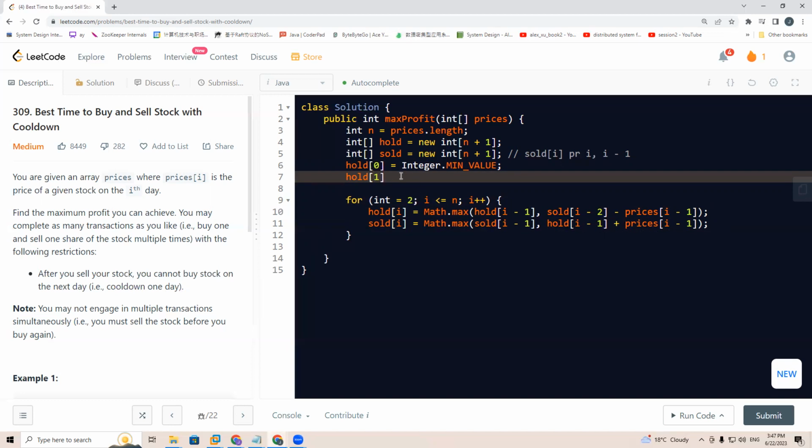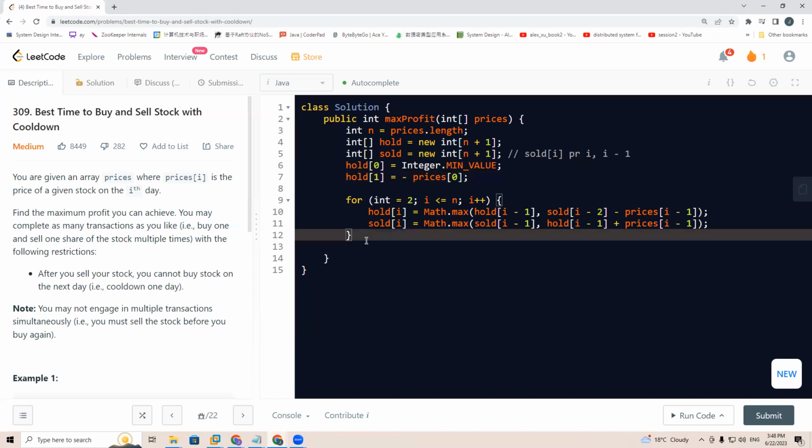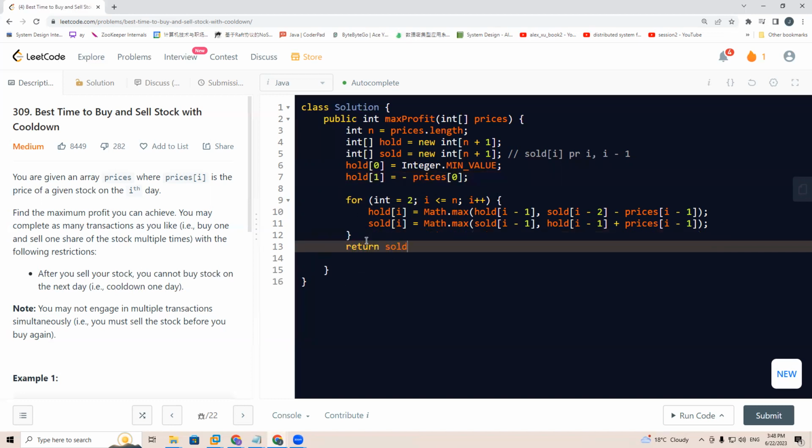But hold[1] needs to be the max of hold[0] or we buy at this price, prices[0]. So we can set this as x. In the end, we just return sold[n].